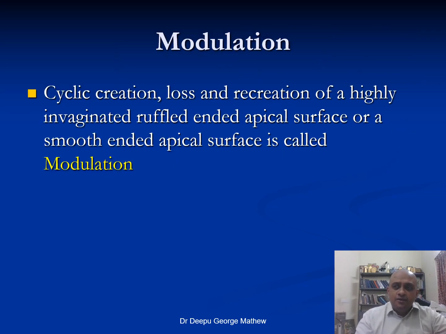So this phenomenon in which the ameloblast changes its shape or morphology and performs dual physiological functions is known as modulation. The definition of modulation is the cyclic creation, loss and recreation of a highly invaginated ruffle-ended apical surface or a smooth-ended apical surface. So you have to remember the definition of modulation. You have to underline that.